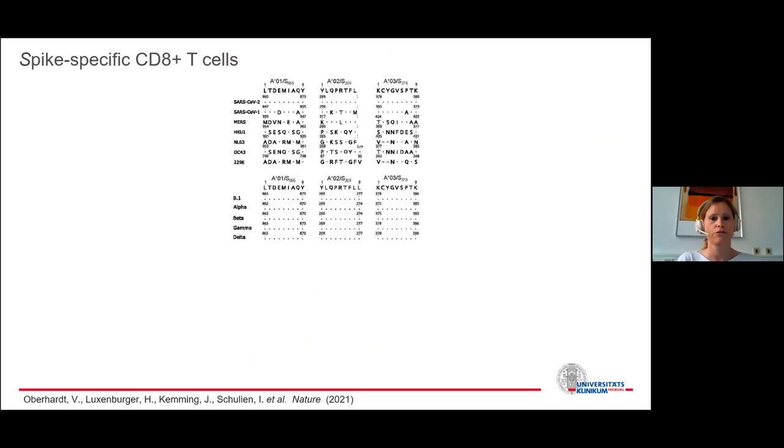And we've chosen 3 different epitopes. On the one hand, an A1 restricted one, an A2 restricted one, and an A3 restricted one. And all these epitopes were not conserved among other coronaviruses, including the common cold coronaviruses. And they are all conserved in the variants of concern alpha, beta, gamma, and delta.